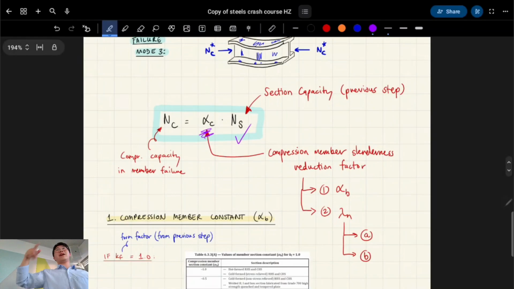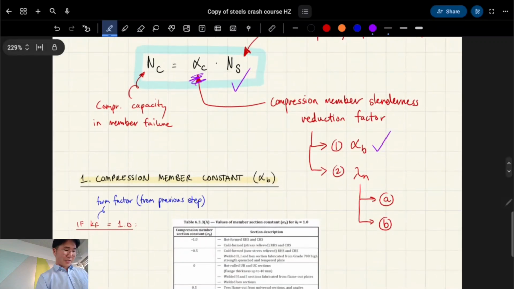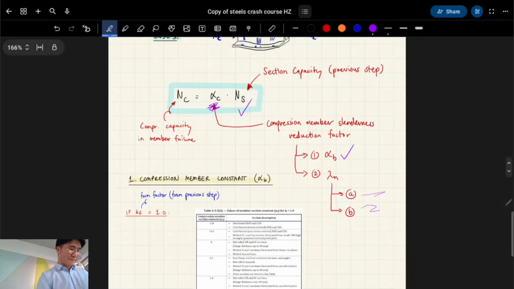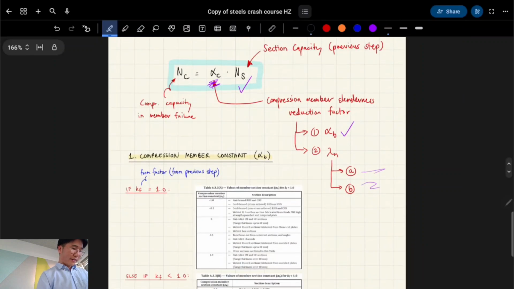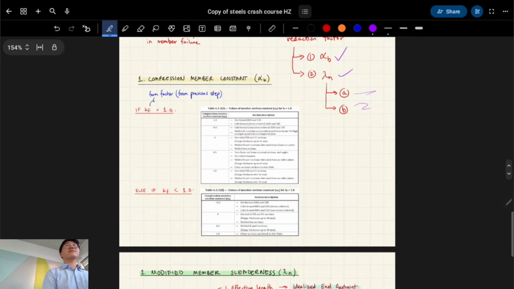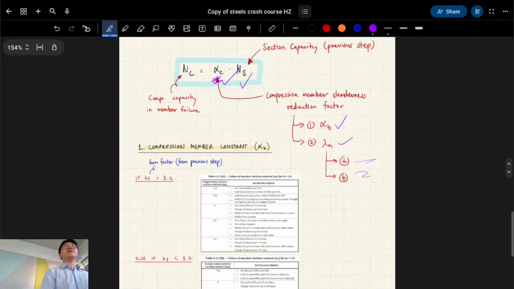And in order to find alpha C, you have to find alpha B, and you have to find gamma N. And gamma N has two other components, which I forgot to copy over, but you'll see them. So it's kind of like a rabbit hole. You're just trying to find little bits and bobs, and then when you have these two bits, you can get this one too, essentially. It will be in the workshop questions, it'll be in the exam, it'll be in your assignment, yeah.